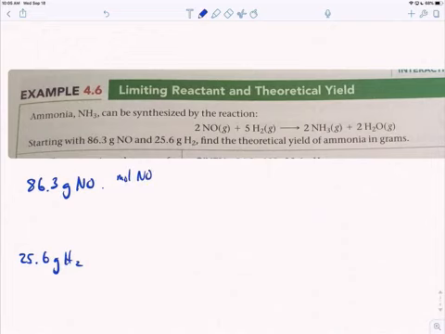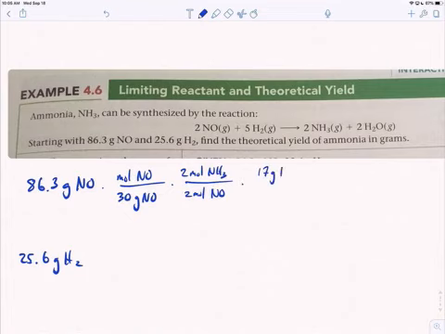Mole NO: nitrogen is 14 plus 16 oxygen, that's 30 grams per mole NO. Then we look at the ratio between nitrogen monoxide and ammonia: 2 mole NH3 to 2 mole NO, and then 17 grams NH3 per mole NH3. 17 because nitrogen is 14 plus 3 times hydrogen, 14 plus 3 is 17.